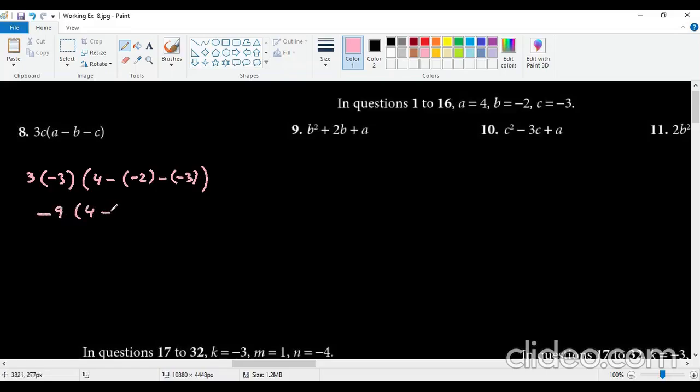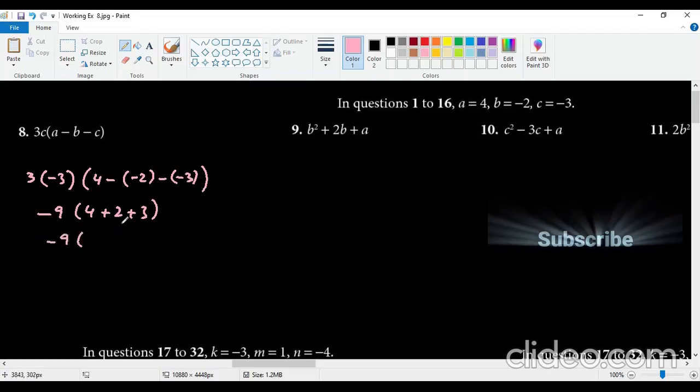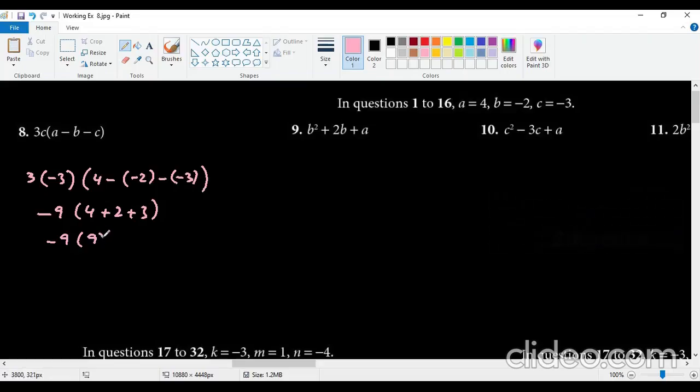So this gives you a negative 9. This gives us 4 plus 2 plus 3, because negative and negative makes a positive. So 4 plus 2 is 6 and 9. That means minus 81 is going to be your final answer for question number 8.